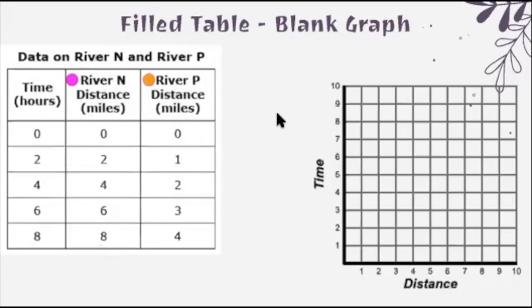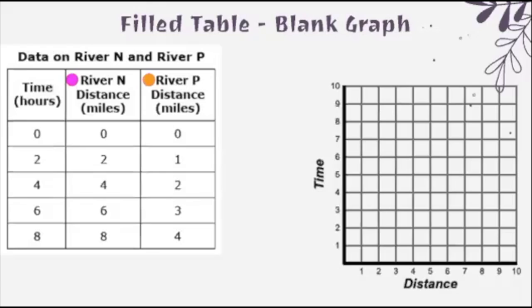So what I did is that the easiest way to graph this is I give each part a different color. So as you can see, river N, I made pink, and then river P, I made orange. That just helps me out when I graph it to use that color to show my pattern, okay? And it helps me when I make my ordered pair.